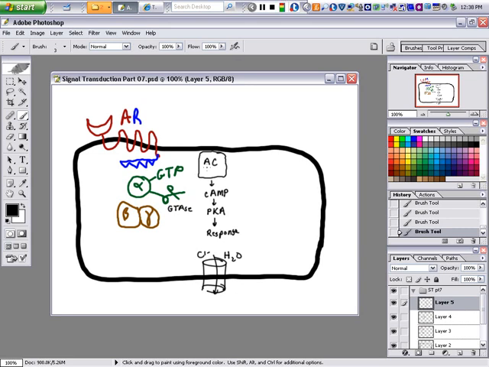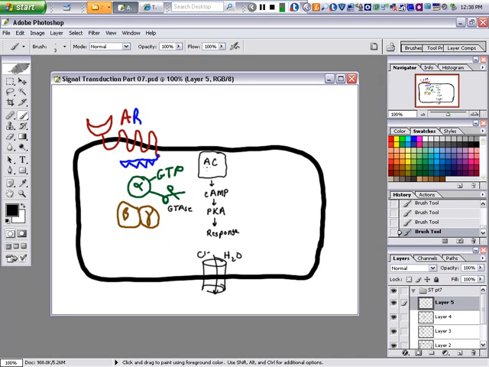That produces more cyclic AMP, activates protein kinase A, and then that leads to a response. In the heart, that response is greater contractility. But in this intestinal cell, it's going to be chloride efflux. It's just going to push out a lot of chloride out of the cell. But then a lot of water is going to go out of the cell. Yes. This is an intestinal cell.